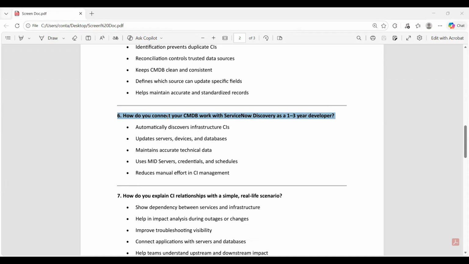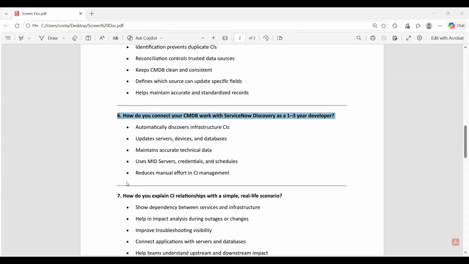These are the few debugging areas where most of the issues happen. So we must have a clear understanding of all these things. We must know the complete end-to-end details of these things. Okay. So we can say that discovery is not only running the scans, it is about maintaining accurate and continuously updated infrastructure data inside our CMDB.